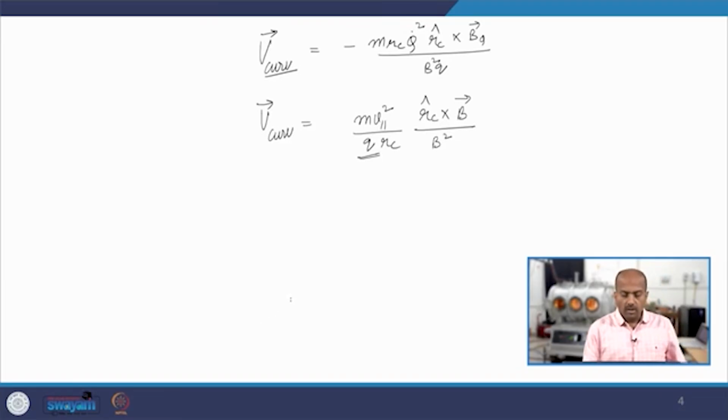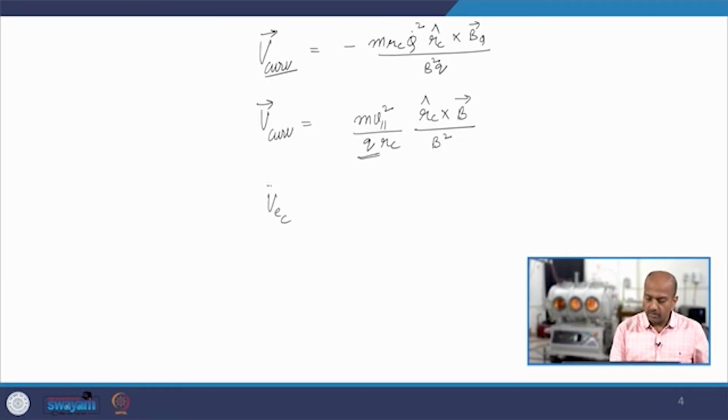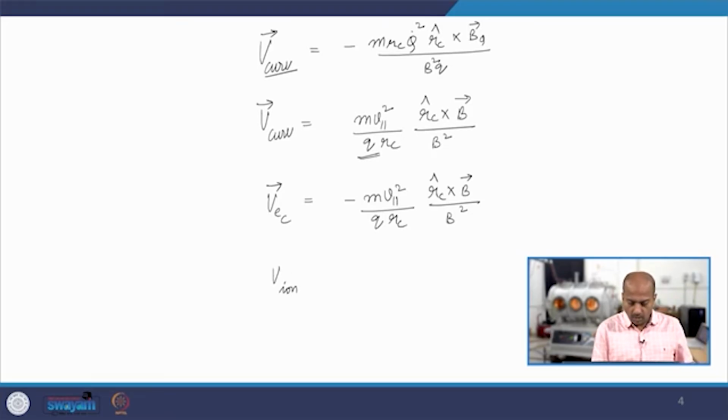And more importantly, we can write the electron curvature drift VEC as minus m V parallel square divided by q RC times RC cap cross B by B square, and the ion curvature drift as mi V parallel square by q RC times RC cap cross B by B square.